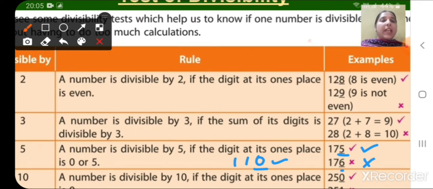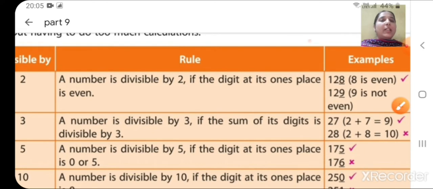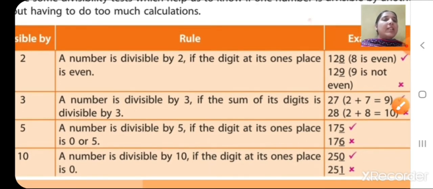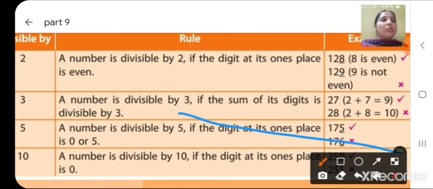And for number 10, a number is divisible by 10 if the digit at its ones place is 0. Simply, if the digit at the ones place is 0, it will be divisible by 10. Very simple. If you just see the example here, 200.